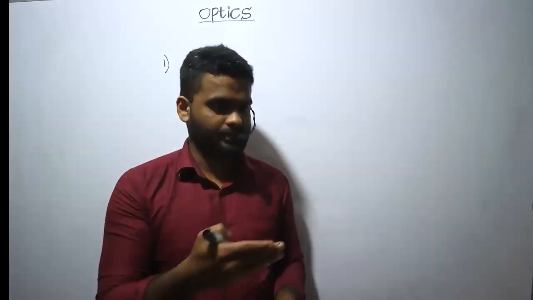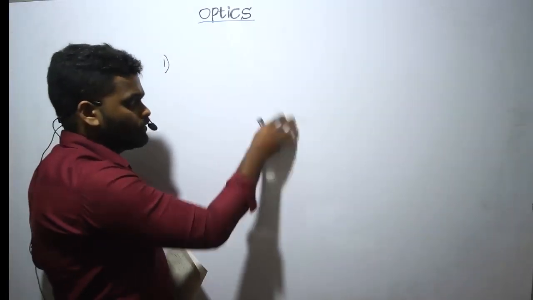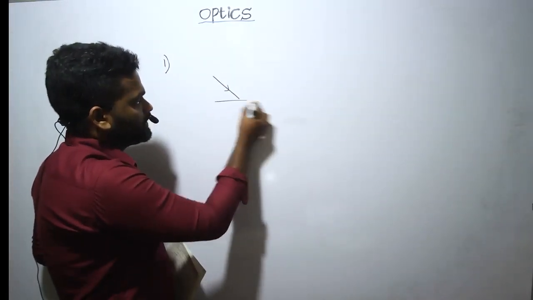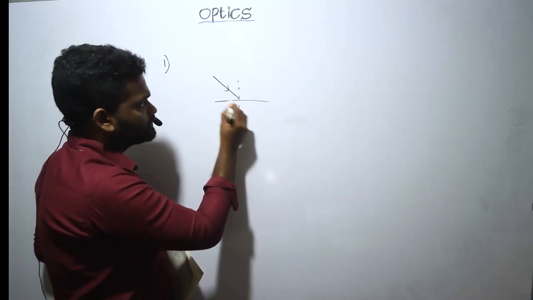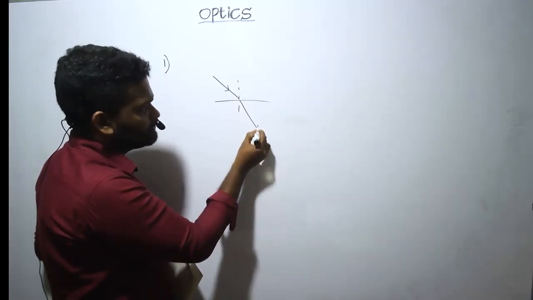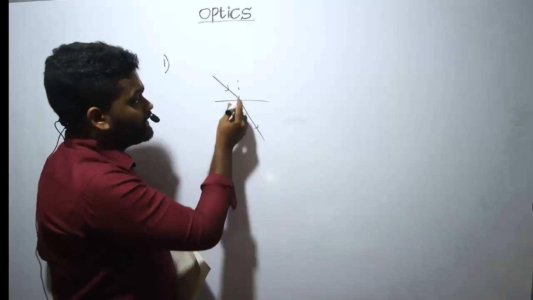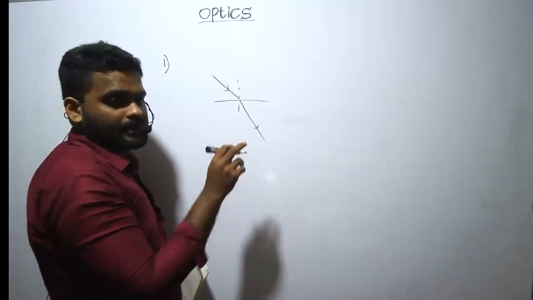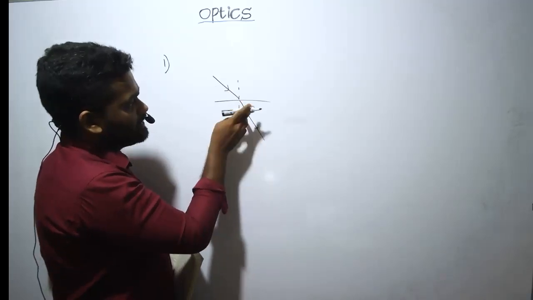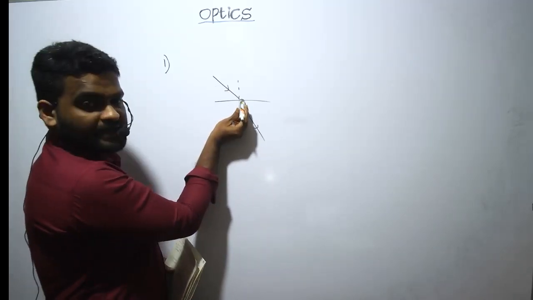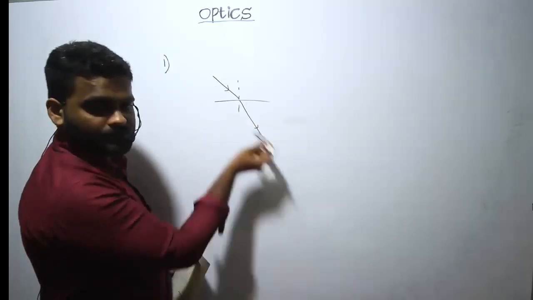Whenever you draw geometric diagrams, those diagrams are in one plane. One plane means if we consider the board, the light ray is on the plane of the board, then the normal also is on the plane of the board, then the refracted ray also on the plane of the board. This cannot happen: if the incident ray is like this, then the refracted ray cannot move out of the board.